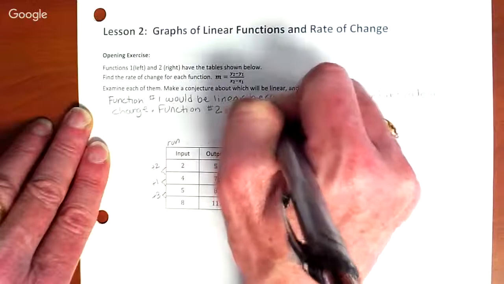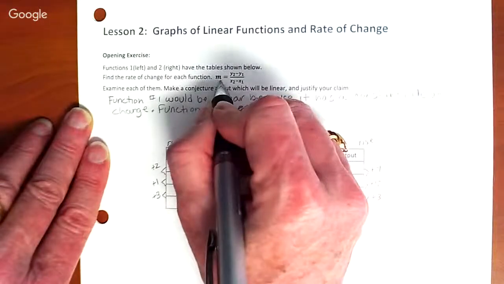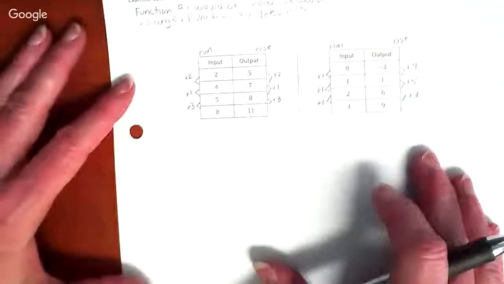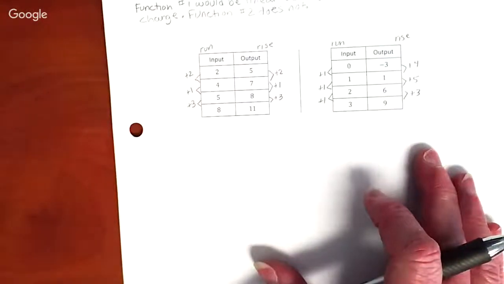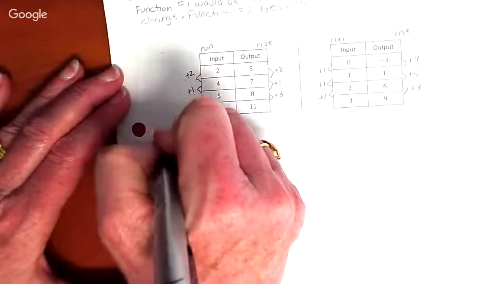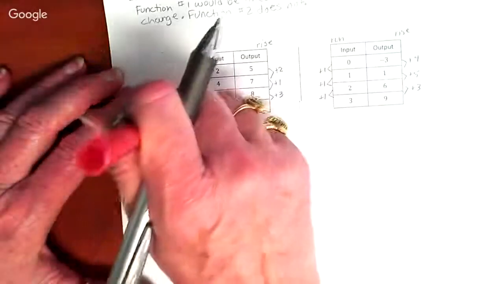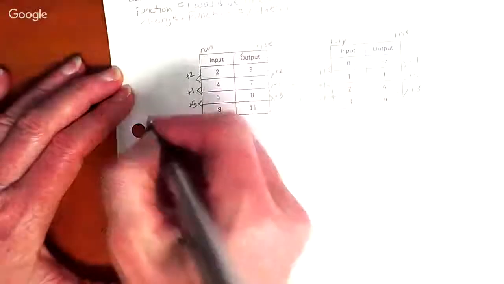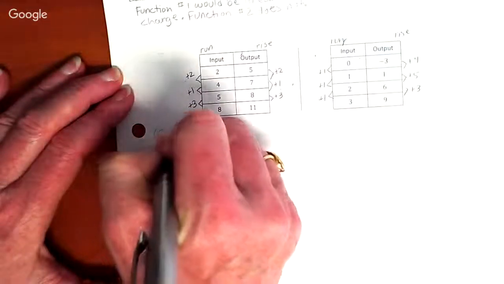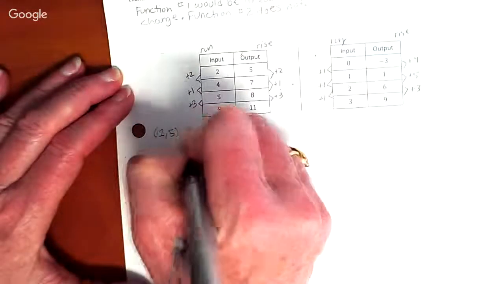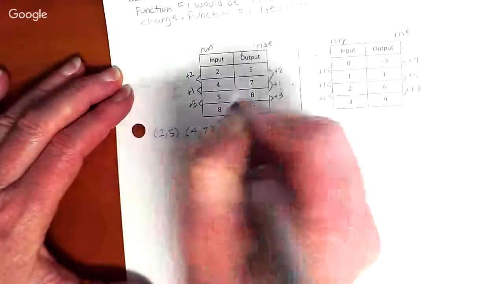Now let's prove that by doing our m equals formula. First of all, let's get our points. So we have 2 comma 5 and 4 comma 7.